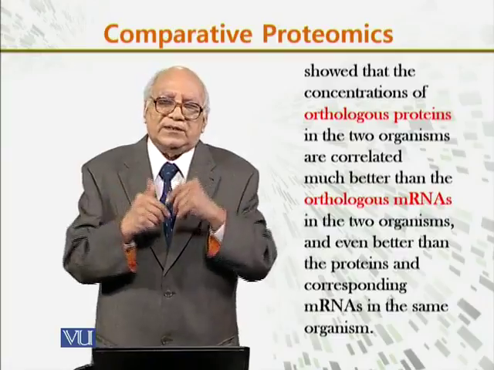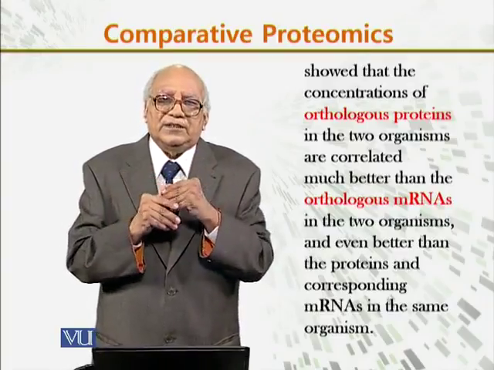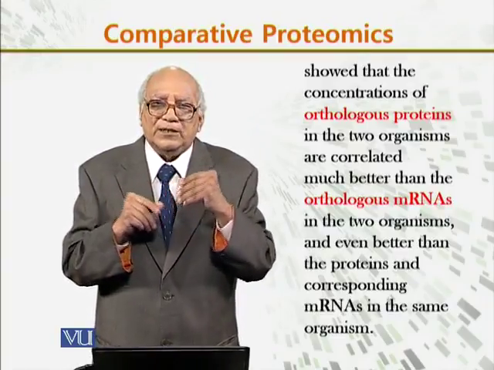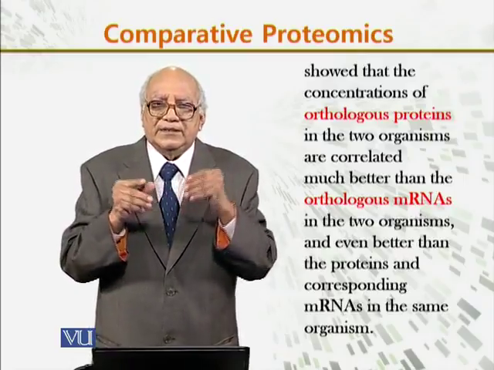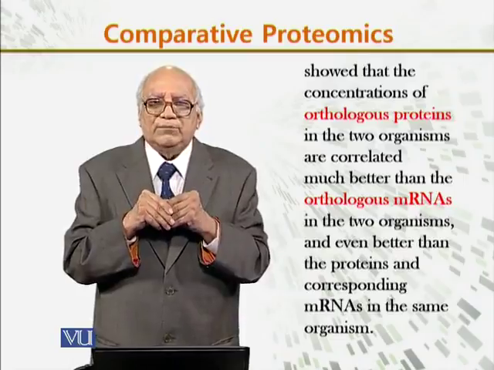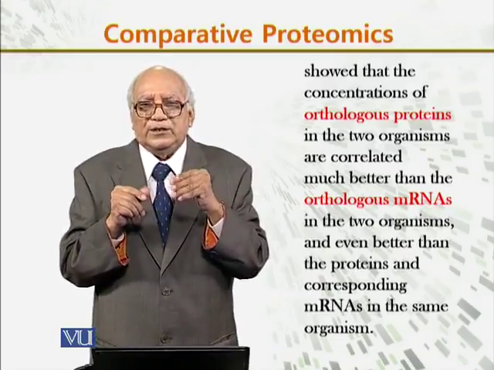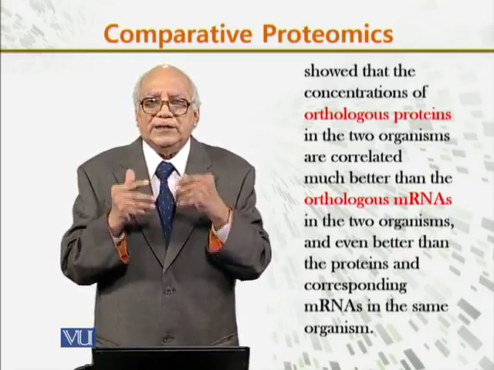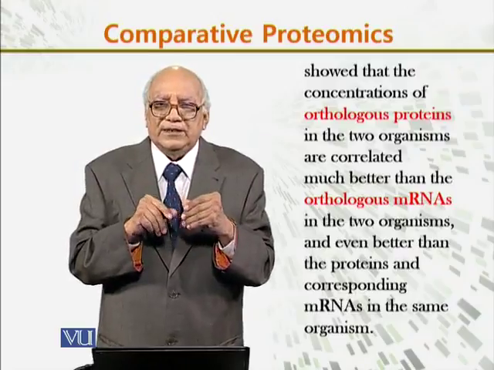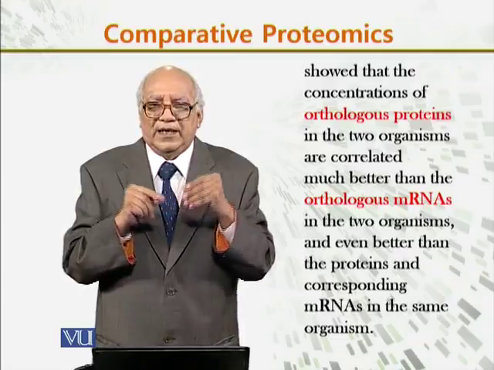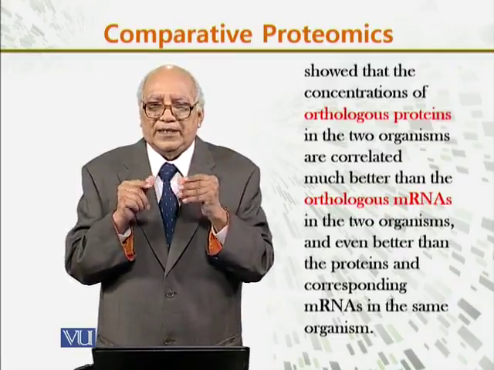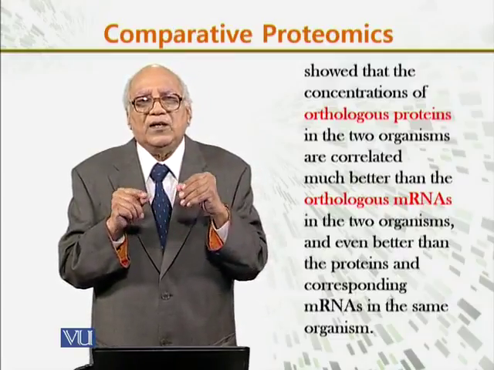So it showed us that these techniques give much better results for comparing data than were obtained with the messenger RNAs in these two organisms. And furthermore, they even did better than the proteins and corresponding messenger RNA in the same organism.